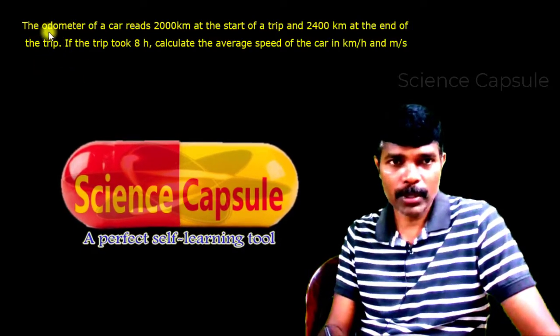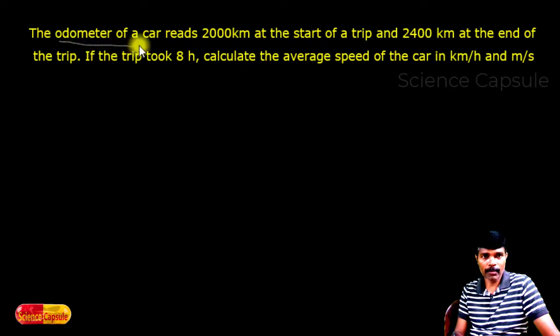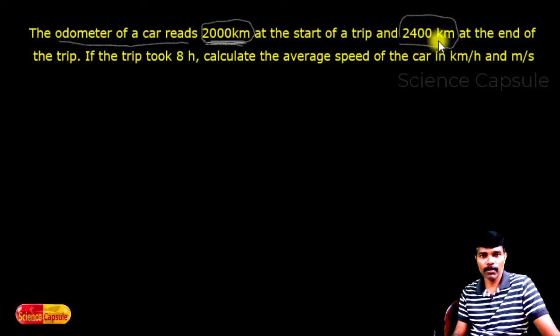According to the question, the odometer of a car reads 2000 kilometer at the start of a trip. That means before the start of the trip, the odometer shows the reading 2000 kilometer, and 2400 kilometer at the end of the trip. So before the start 2000 kilometer and at the end 2400 kilometer.